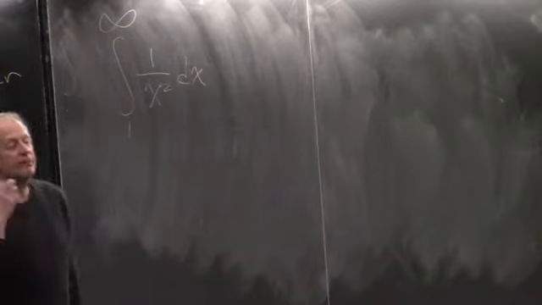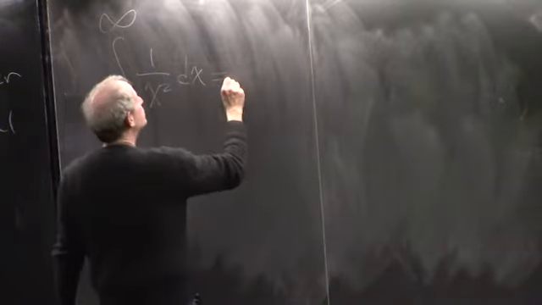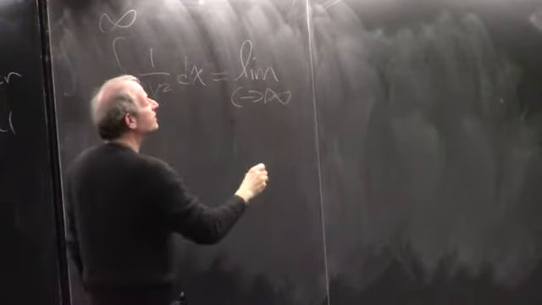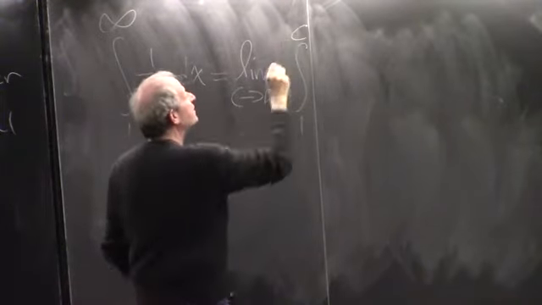So what you do is you make up a letter. What letter should I use? How about C for Chris? So I do, because he was yawning just now. So what I'm going to do is I'm going to do the integral from 1 to C, and then I'm going to take the limit as C goes to infinity. Okay?